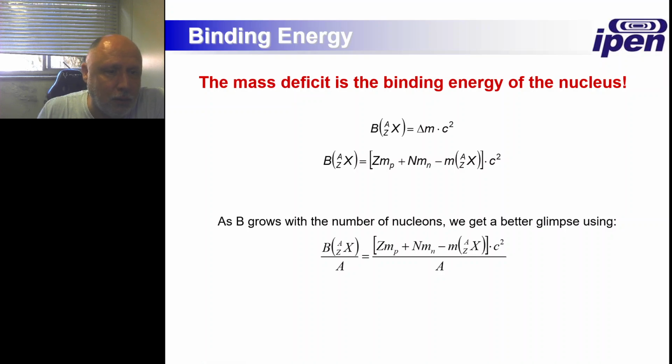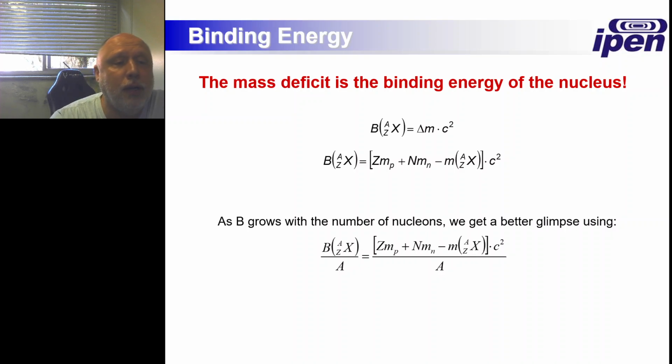This is the mass that disappeared when the nucleus was assembled. And so if we multiply this by c squared, we have the binding energy, meaning the energy that is keeping all those things together. And as we expect, this will grow quickly when we increase the atomic number A. More nucleons, more binding energy.